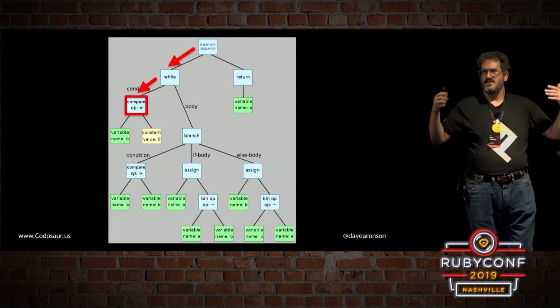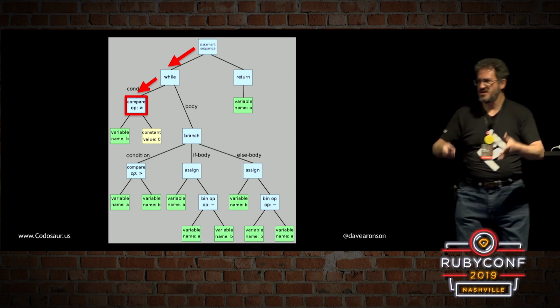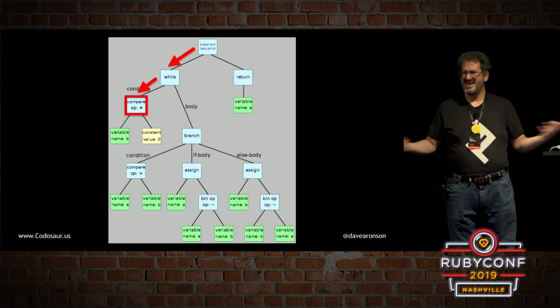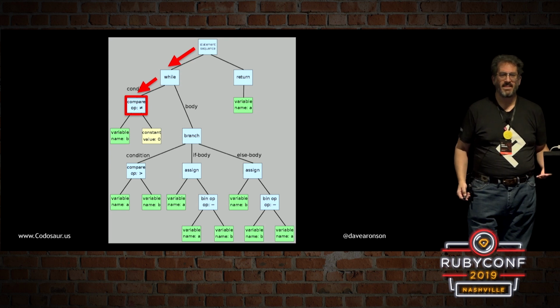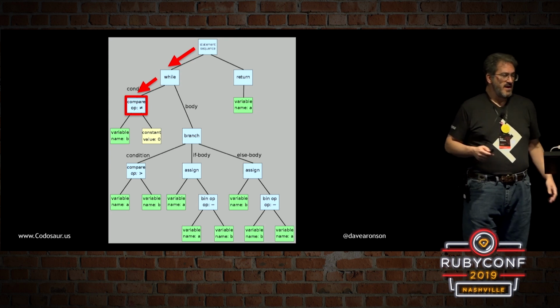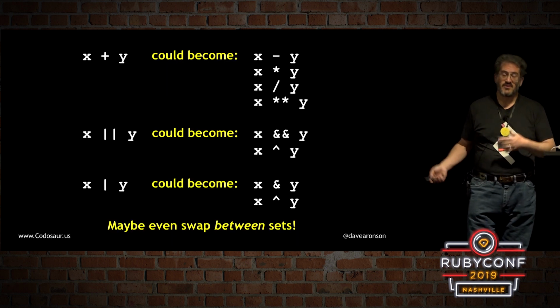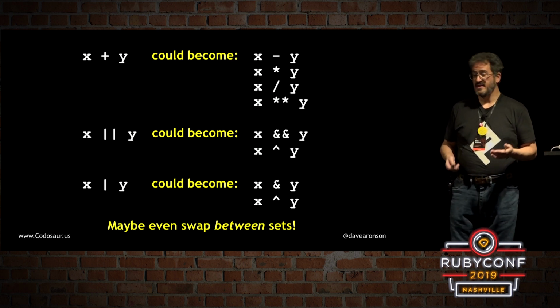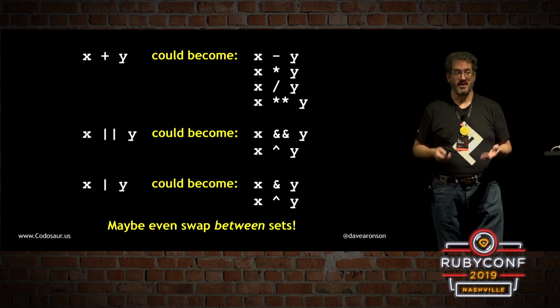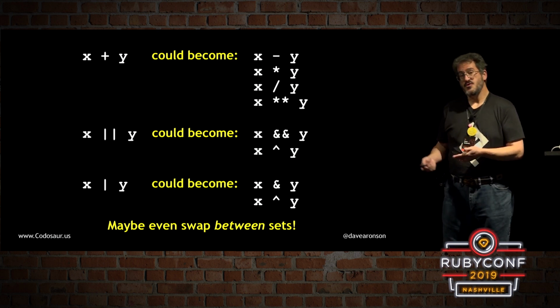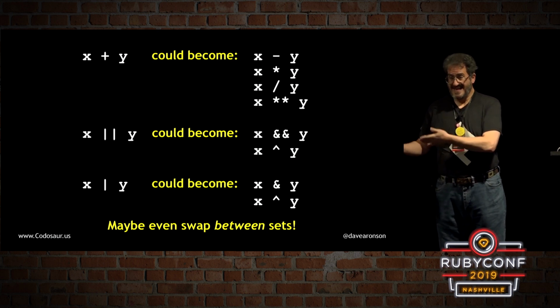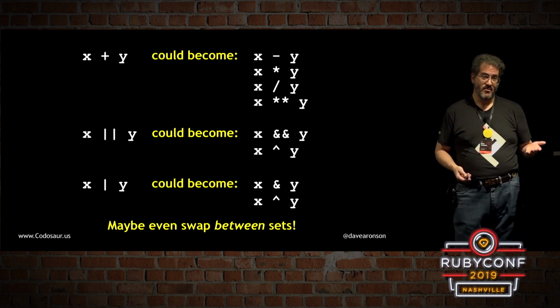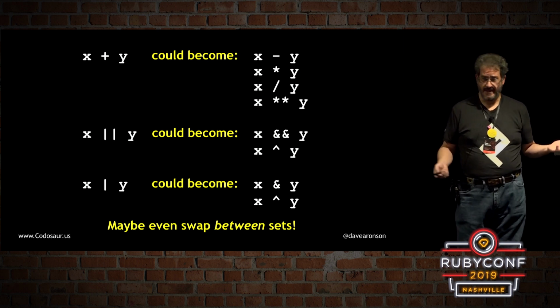So I've said a lot about changes. It makes changes to this and so forth. But what kind of changes are we talking about? There are quite a lot. It could change a mathematical or logical or bitwise operator from one to another. In languages and situations where it can do so, it could even substitute one of a different category. For instance, in Ruby, we can treat pretty much anything as a Boolean.